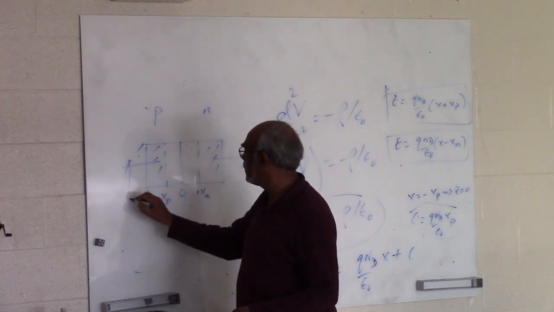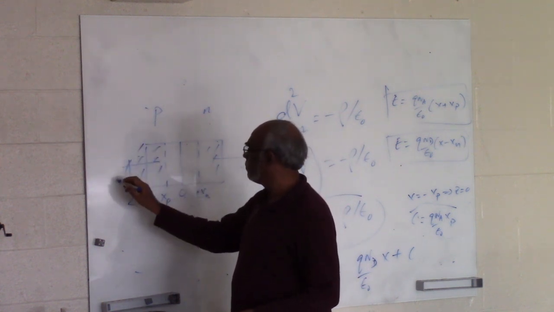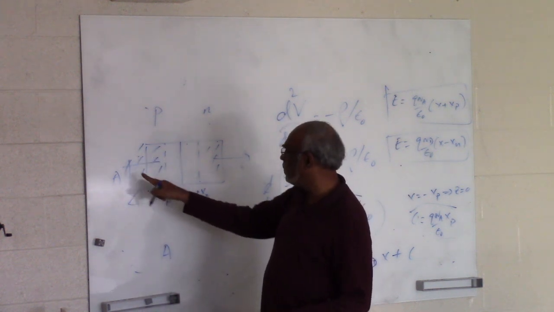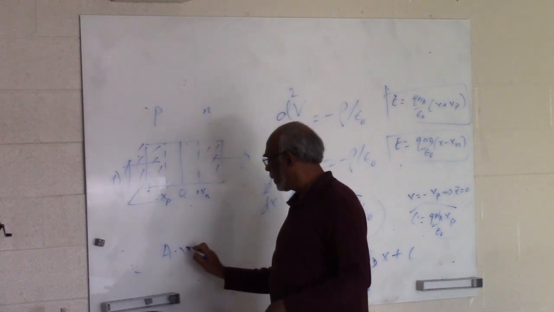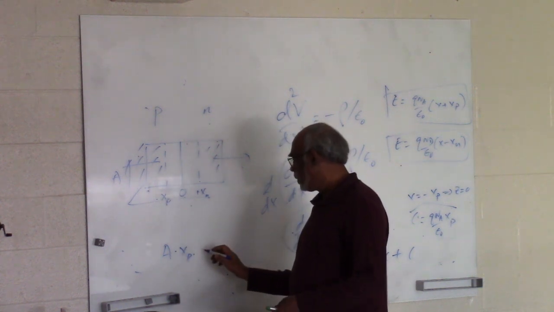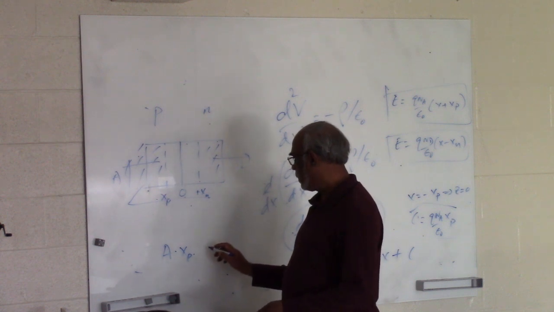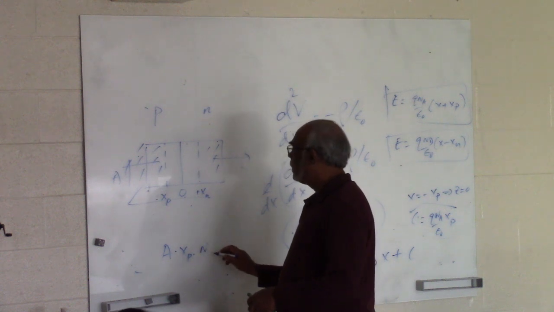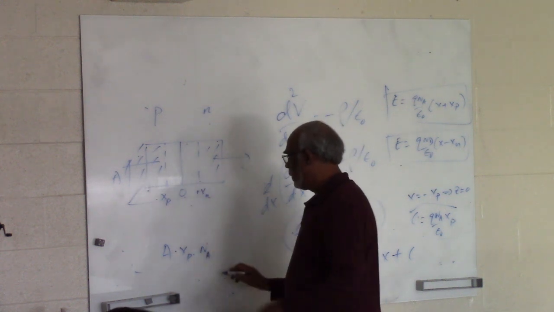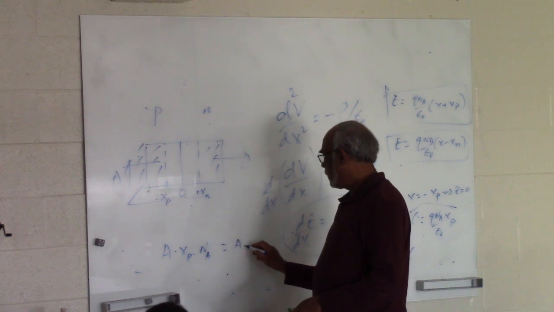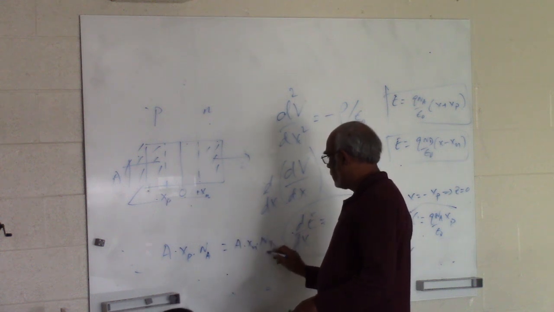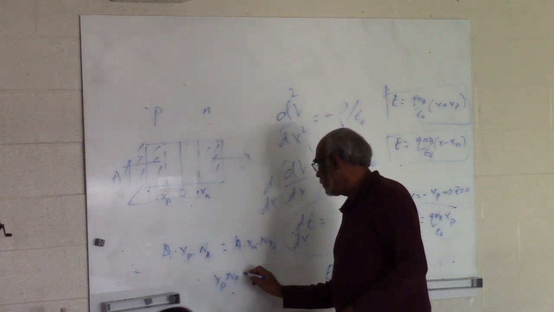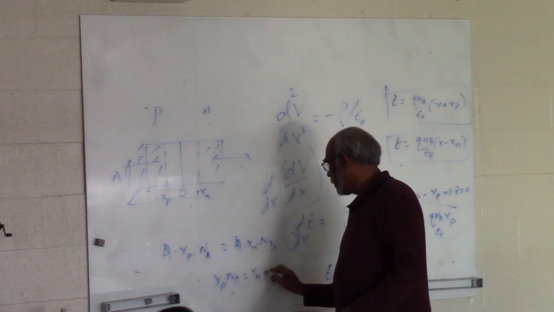Suppose this has area A, then the volume would be A times xp, times your charge, in this case Na. This should be equal to A times xn times Nd. You can see A cancels. You can easily show xp times Na equals xn times Nd.